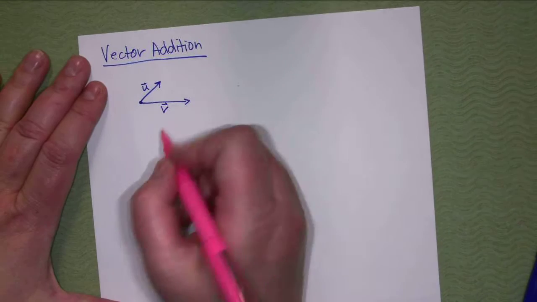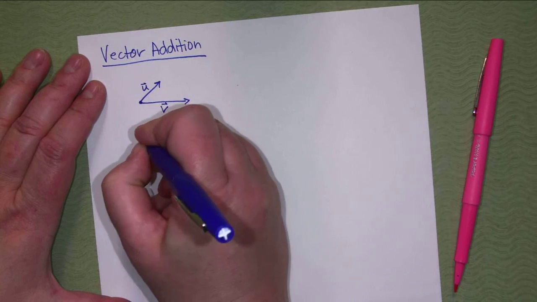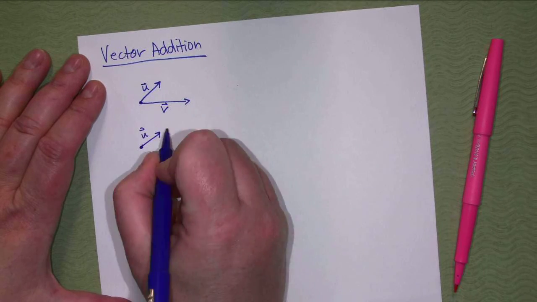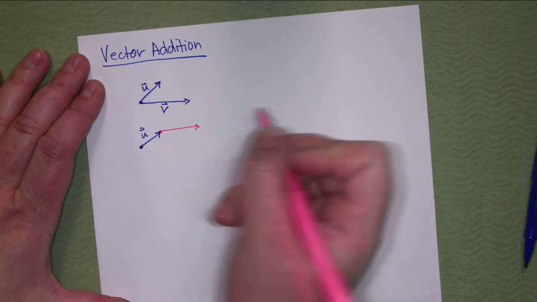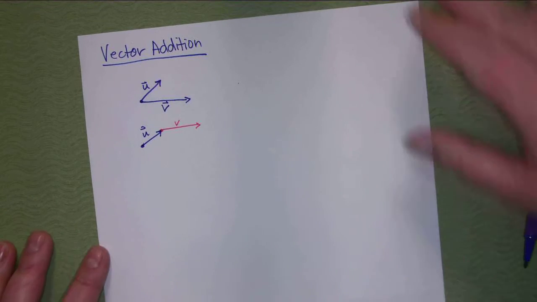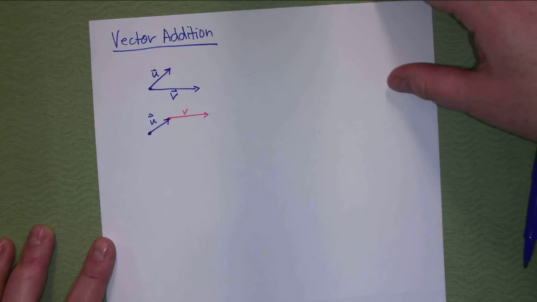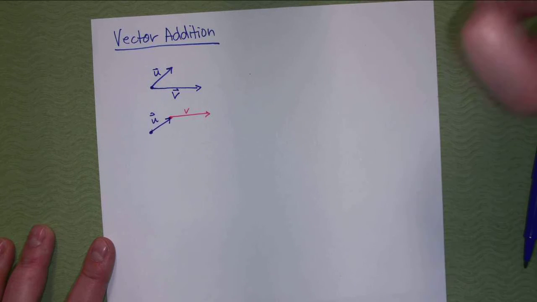So vector u I'm going to keep the same, but I'm going to pick up v and move it to start at the end of u. Those should have looked the same, but I guess they're slightly off. But imagine they're the same. I picked it up. It's still the same steepness, but I moved it to a new place. It's still the same vector. It has the same length.